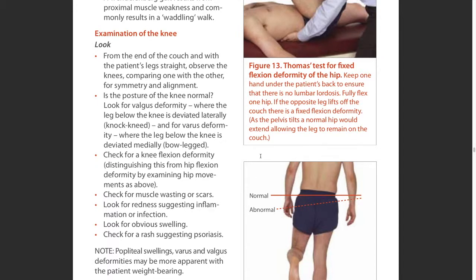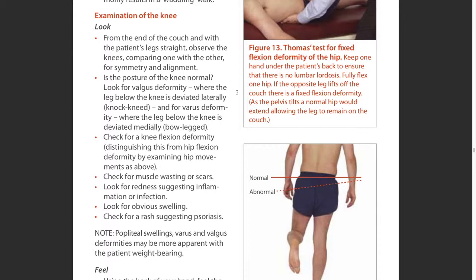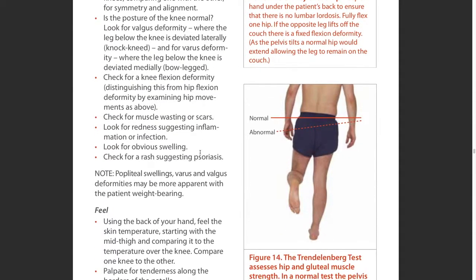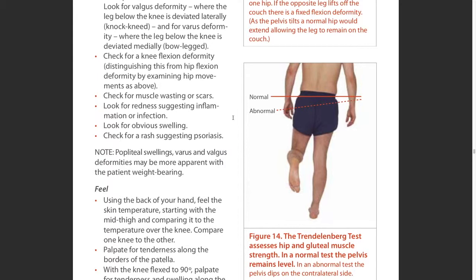You observe for the gait, and then ask them to stand straight, and you observe for valgus and varus deformity, and then you ask them to lie on the couch and observe for any asymmetry, any redness, swelling, deformities they can find, and any rash.